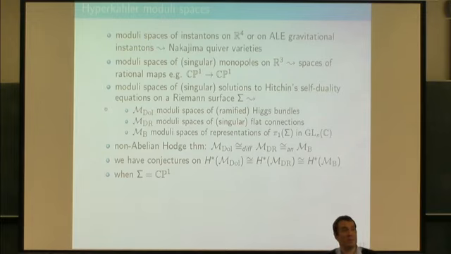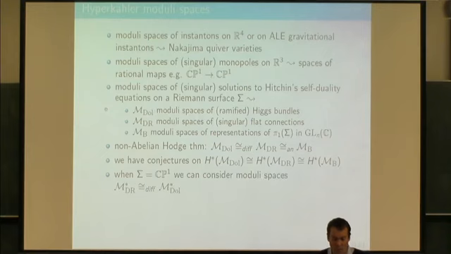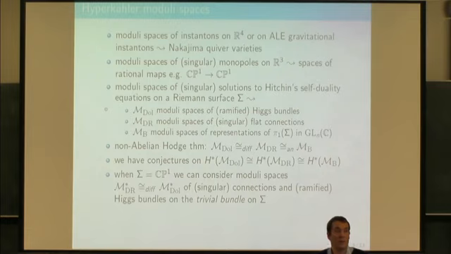This really makes sense when the underlying curve, the Riemann surface, is just S2, CP1. And we consider these M-star spaces, which you can do both for the flat connection and the Higgs moduli space, where you restrict the underlying vector bundle on P1 to be the trivial one.